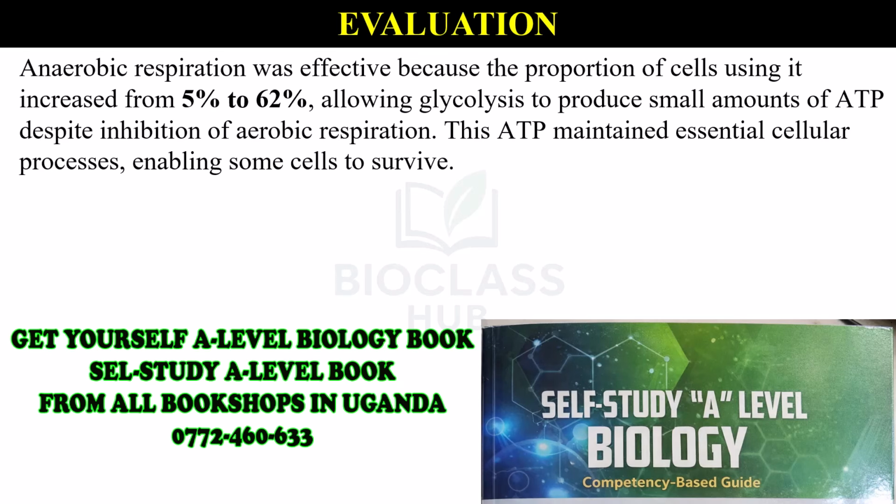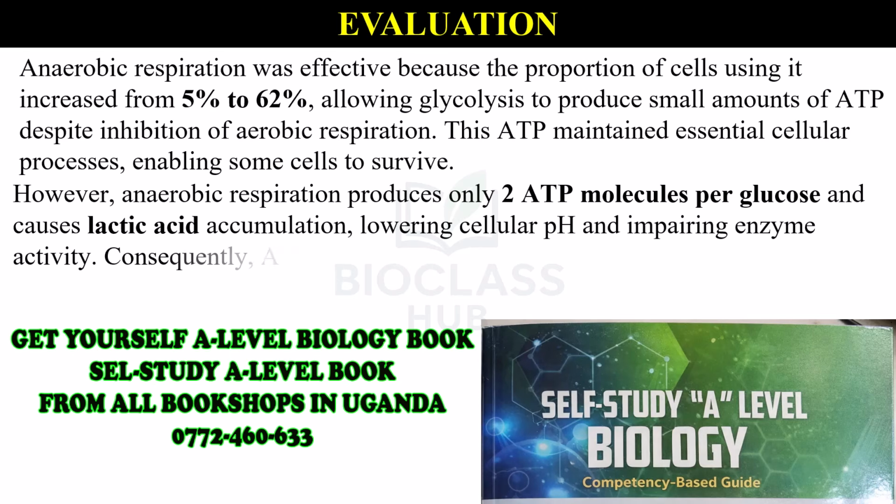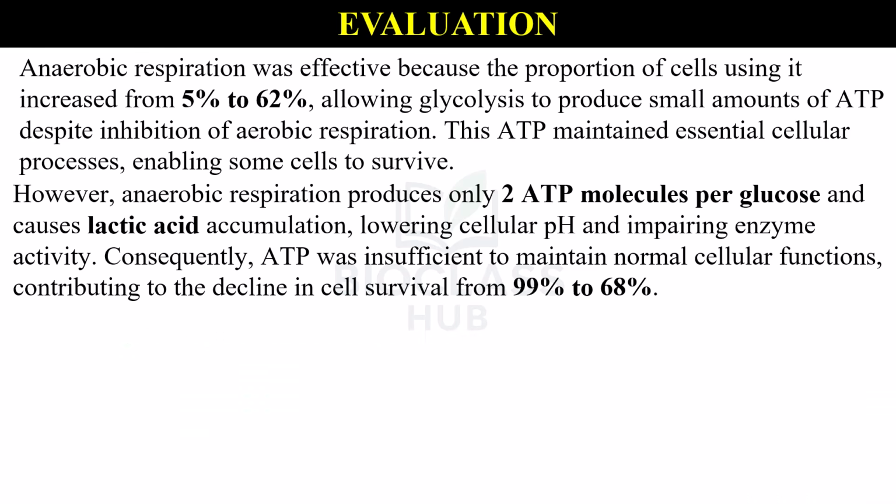However, anaerobic respiration produces only 2 ATP molecules per glucose and causes lactic acid accumulation, lowering cellular pH and impairing enzyme activity. Consequently, ATP was insufficient to maintain normal cellular functions, contributing to the decline in cell survival from 99 to 68%. Recommendation.